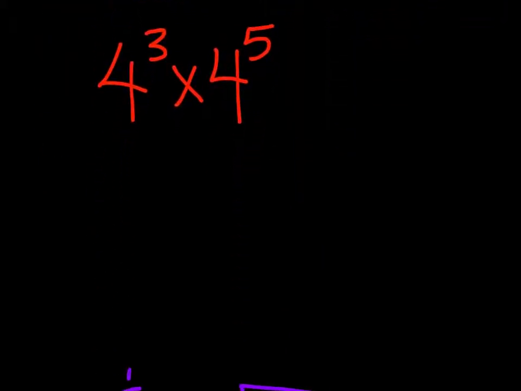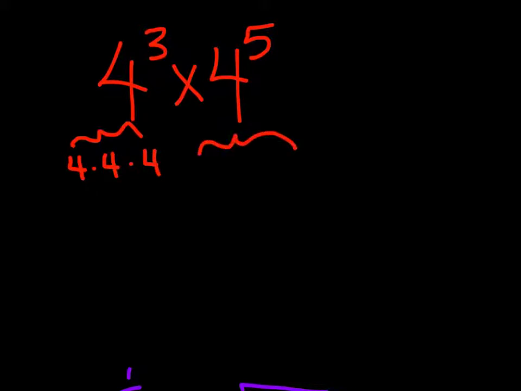So thinking about our exponent rules, say we have 4 to the third power times 4 to the fifth power. Well, we know 4 to the third power we could rewrite as 4 times 4 times 4, and 4 to the fifth power could be rewritten as 4 times 4 times 4 times 4 times 4. So 5 fours versus 3 fours, and all of that is being multiplied.